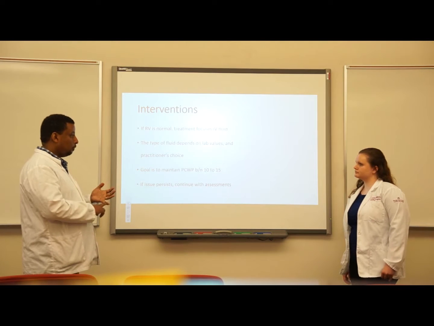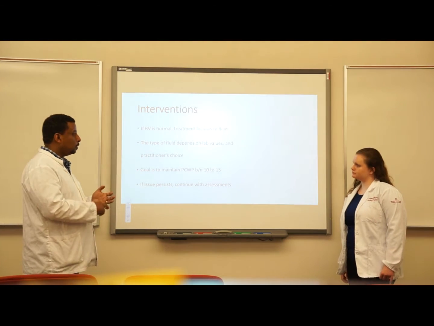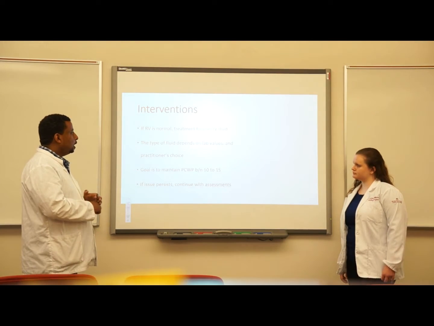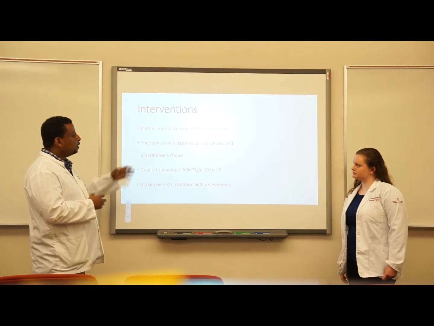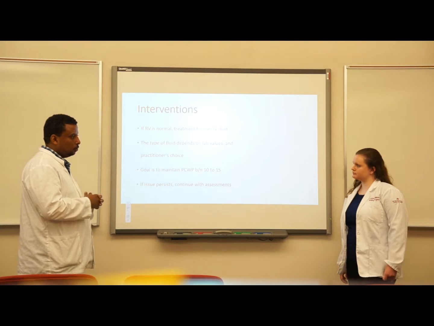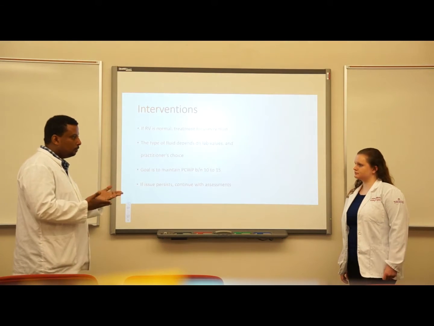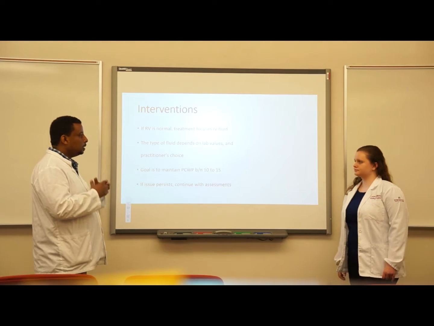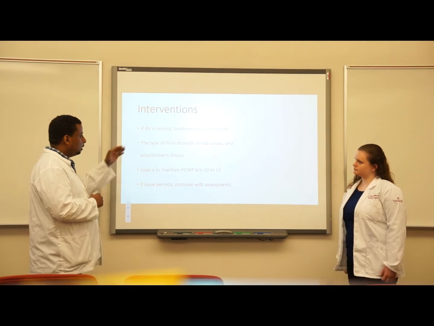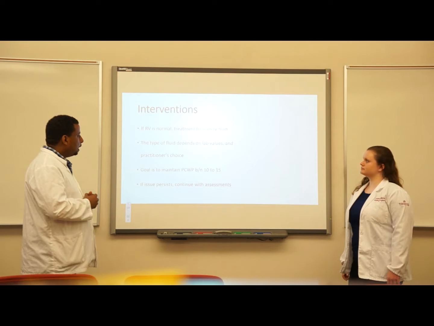So as a nurse, we have to monitor our lab values, our chemistry, especially fluids, electrolytes, and things like that. It also depends on the practitioner's choice. Would he or she order lactated ringer, normal saline? That depends. But as a nurse, we are supposed to monitor the fluid and electrolyte balance.